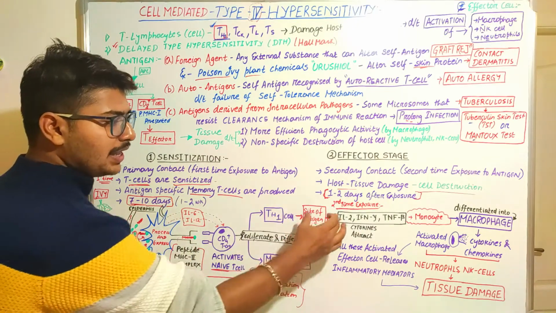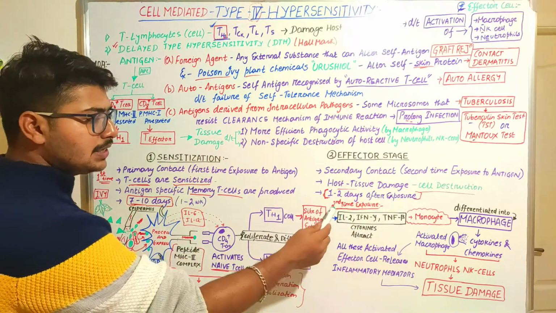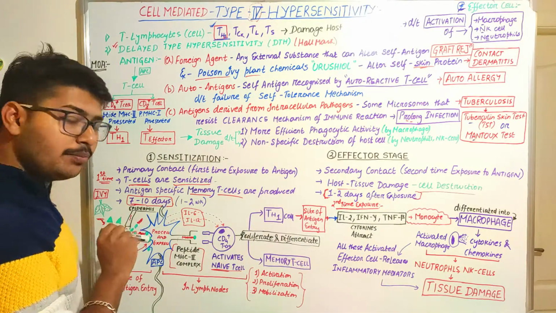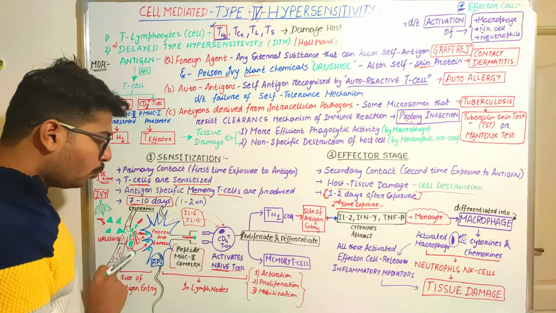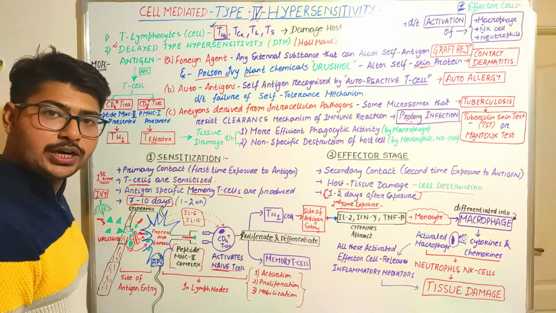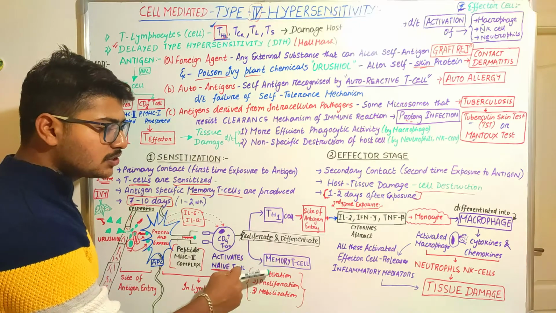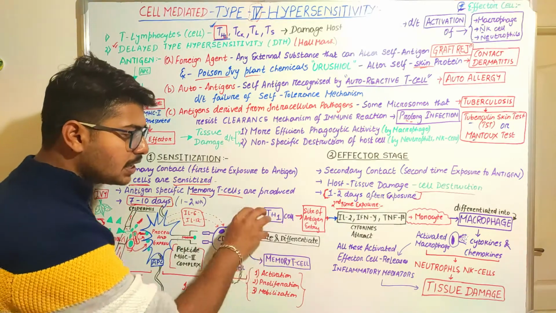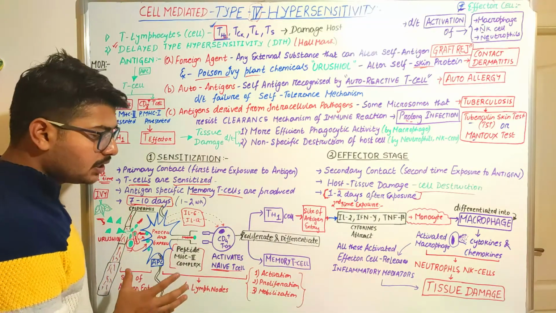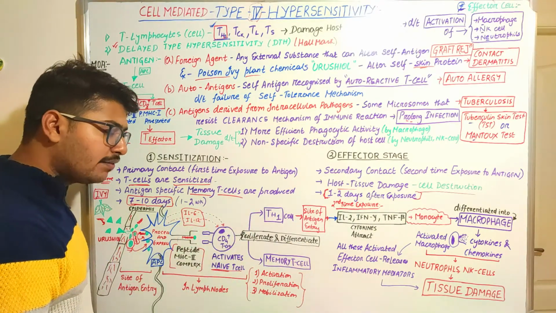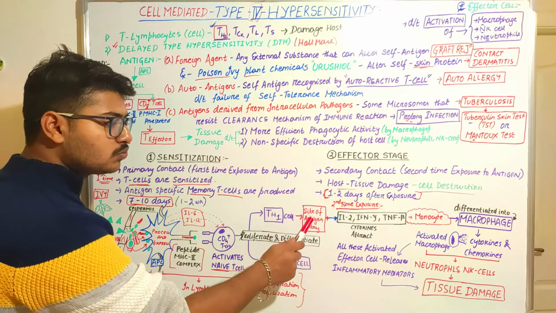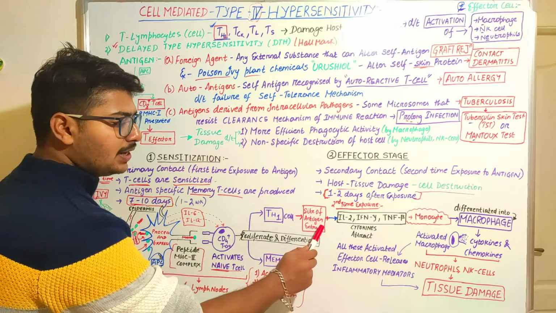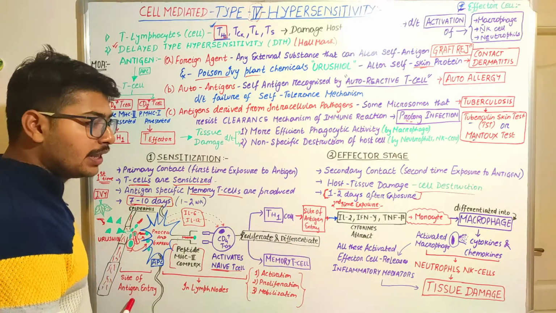So what happens when there is second time exposure? Yes, after the second time exposure, the entering antigens will be recognized by the memory T cells, and these memory T cells are going to activate the Th1 cell. Along with the memory T cells, the Th1 cell is activated, and as the Th1 cell goes back to the site of antigen entry, what will happen?